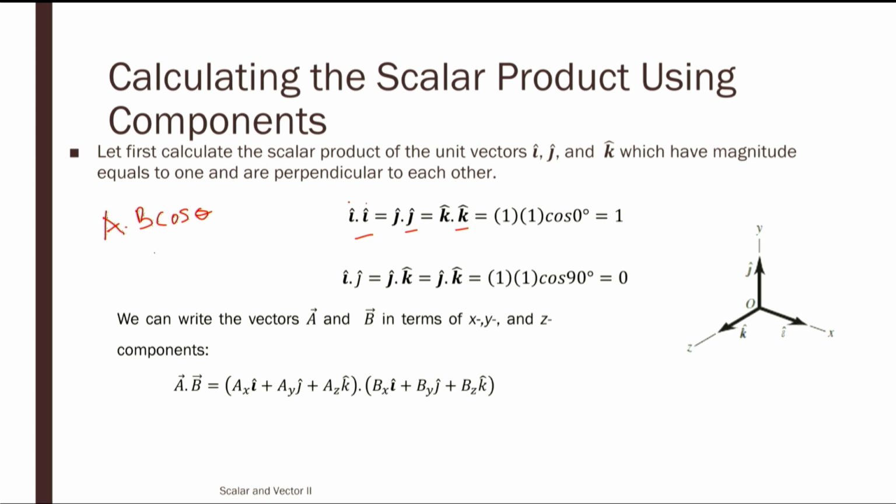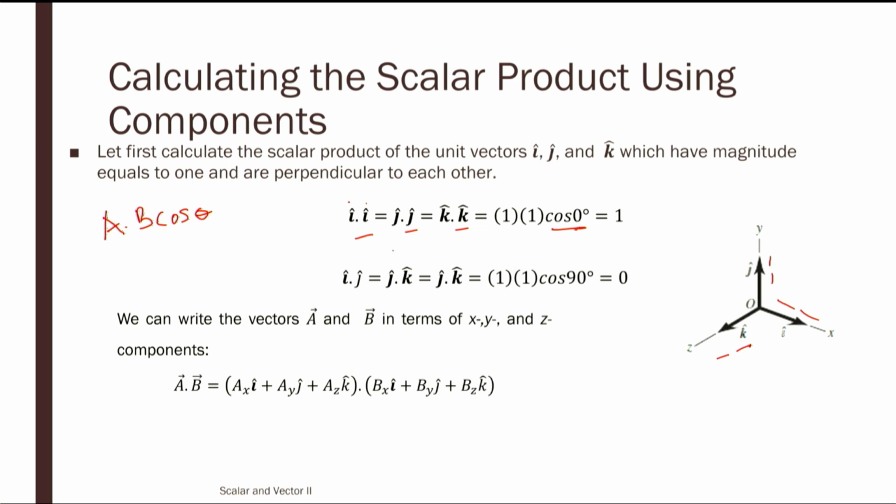So that means we have i dot i cos the angle between them. The angle between them is 0, meaning that i is moving along i, j along j, and k along k, and we know that cos 0 is 1.